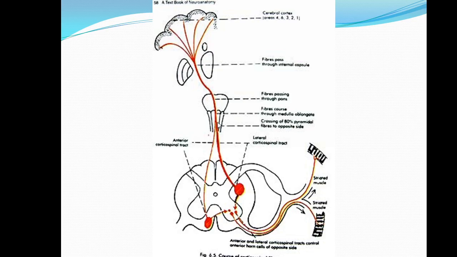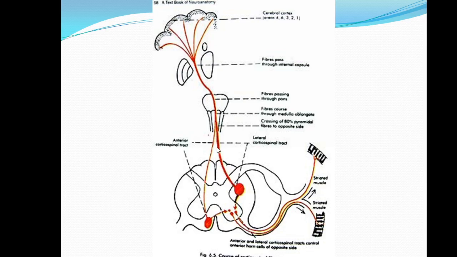Then they lie in the pyramid of the medulla oblongata. In the lower part of the pyramid, the corticospinal fibers decussate, crossing to the opposite side. Here you can see it crossing from the left to the right to form the lateral corticospinal tract.